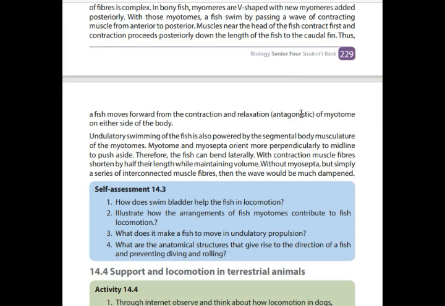Therefore, the fish can bend laterally with contracting muscle fibers shortened by half their lengths while maintaining volume. Without myosepta, but simply a series of interconnected muscle fibers, the wave would be much dampened.